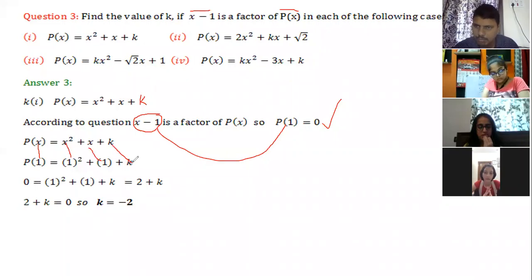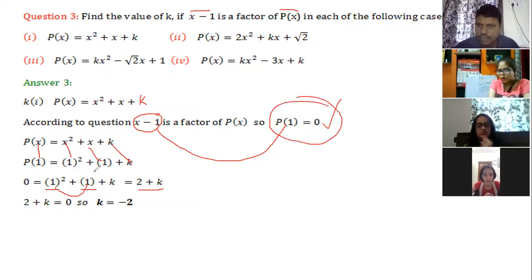Next, children, 1 square is 1. This value is 1. 1 plus 1? 2, sir. So 2 plus k. But p of 1 is equal to 0, we know, right? That's why you have to substitute; p of 1 is equal to 0.